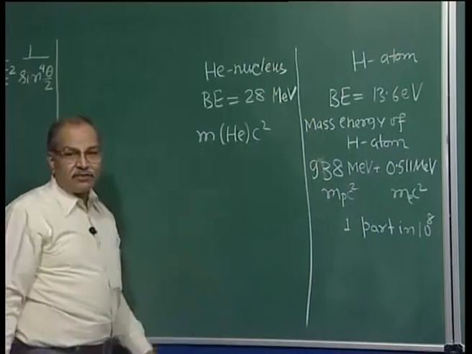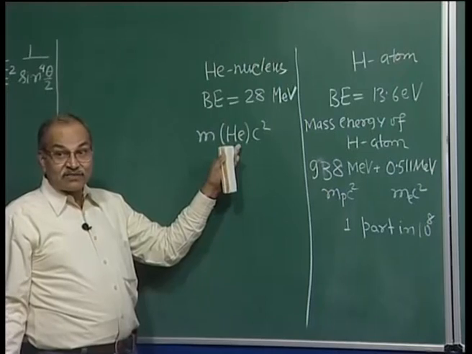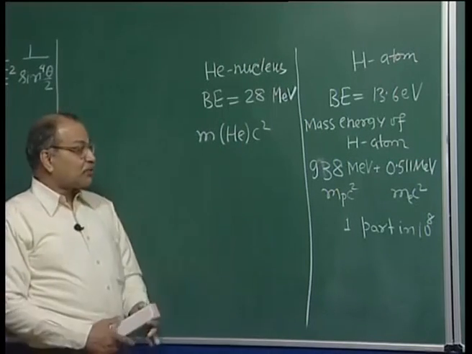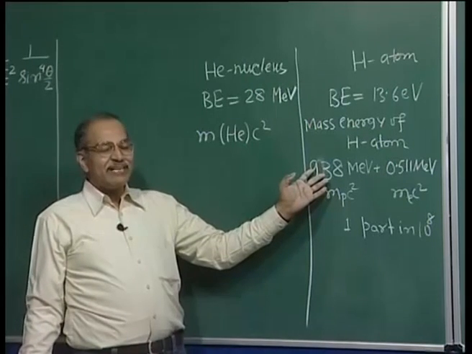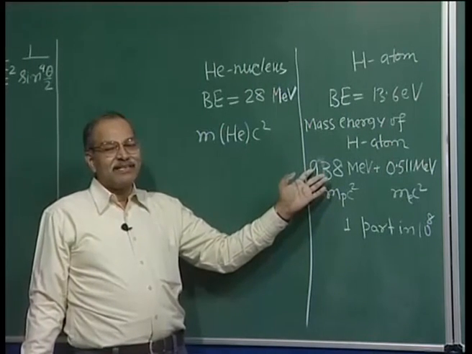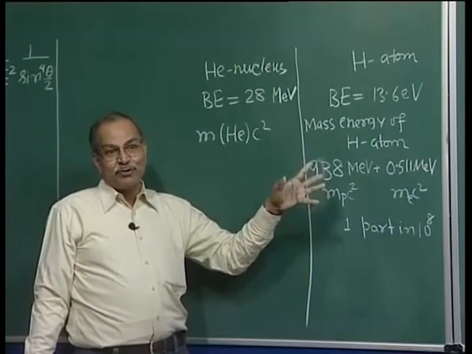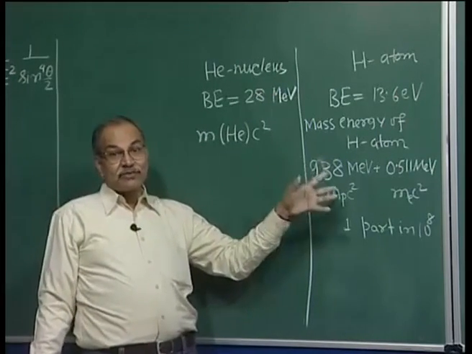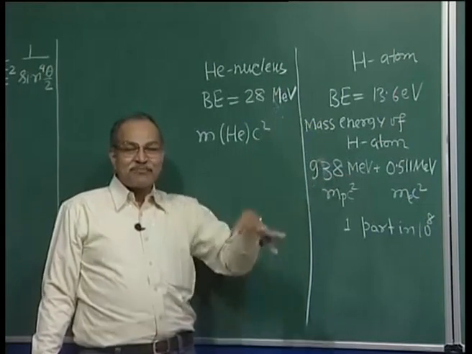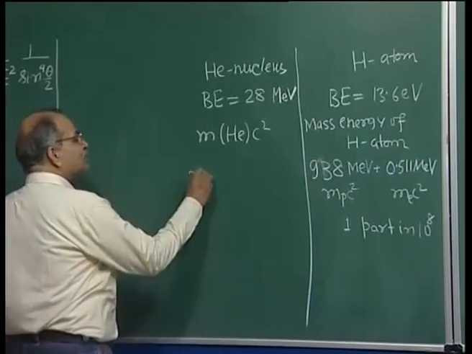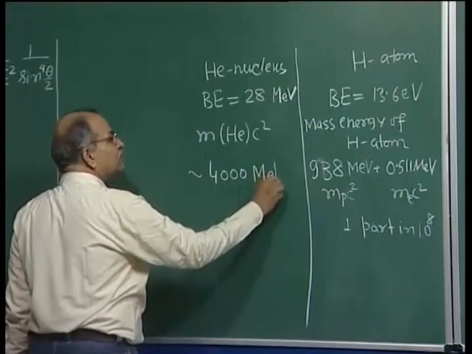And if you look at that fractional thing, the mass of helium nucleus c square, you have 2 protons and 2 neutrons. Each proton is 938 MeV, each neutron is slightly heavier, something like 939 MeV. So, 4 of them, it is almost about say 4000 MeV.